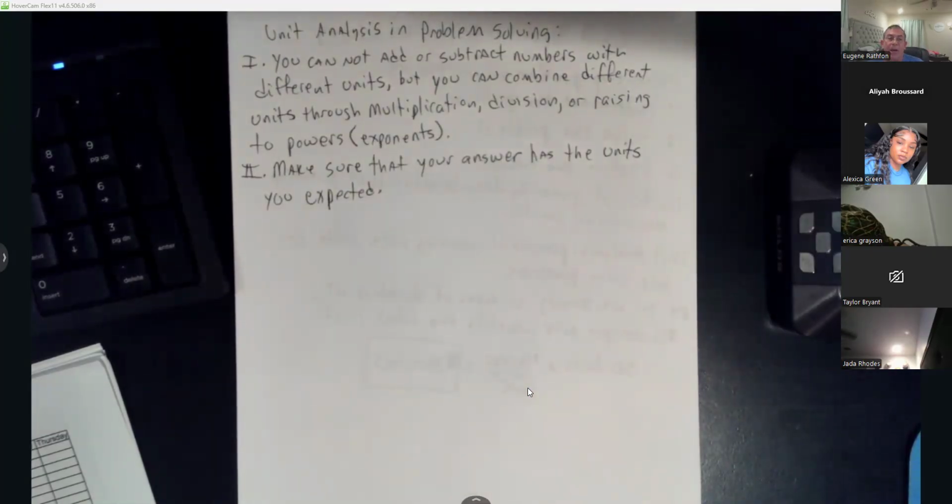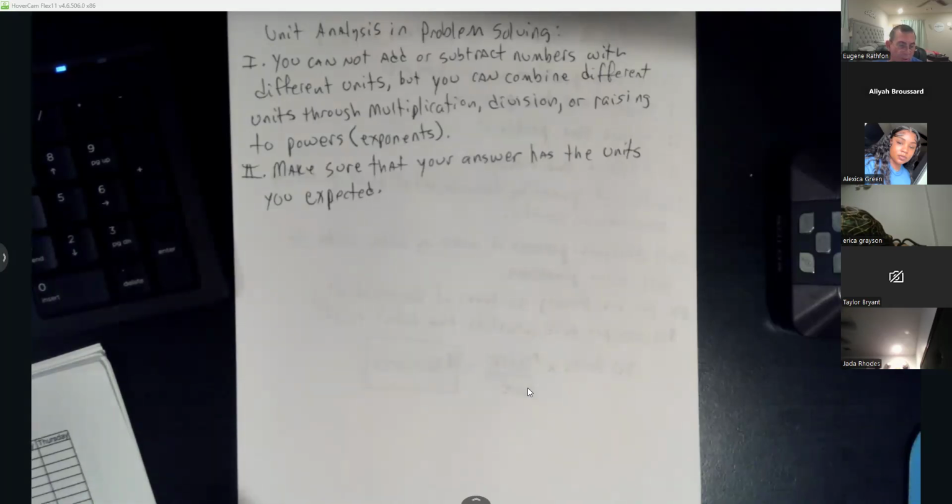Right, if I'm looking at the area of a rug in my living room, I want it to be like square feet, not square pounds or square degrees or something like that. So make sure your answer has the units that you're expecting.